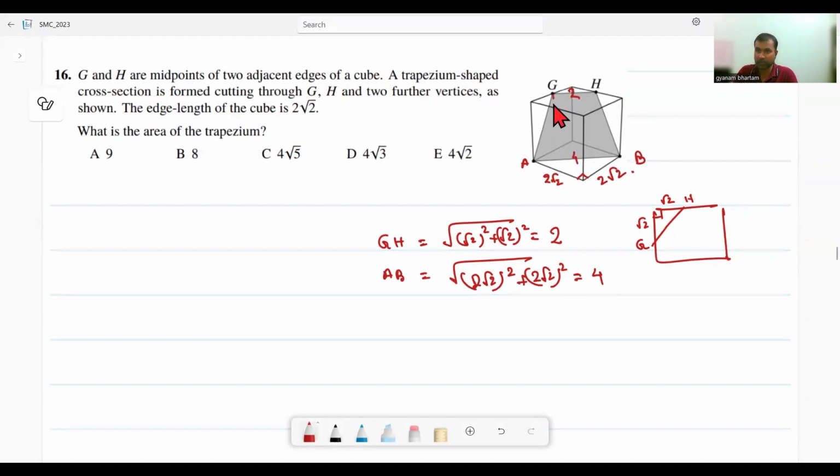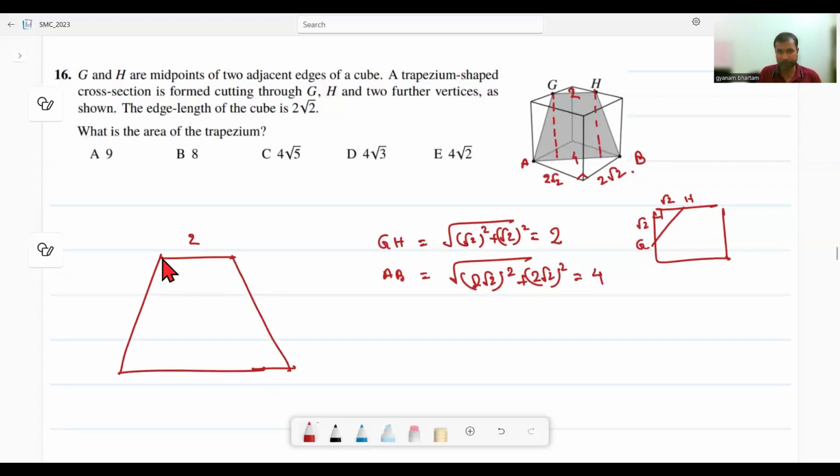Now we need the height. How can we find it? If you observe, this is going to be an isosceles trapezoid. So if you drop a perpendicular, this is 2 and this is going to be 2, so 1 and 1. So this length is 1.